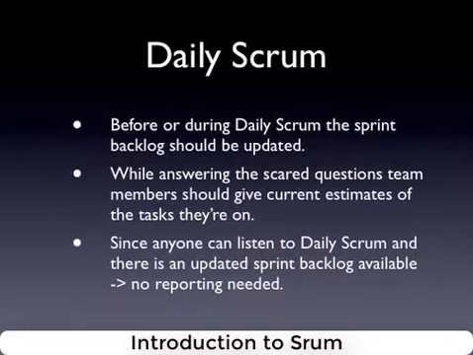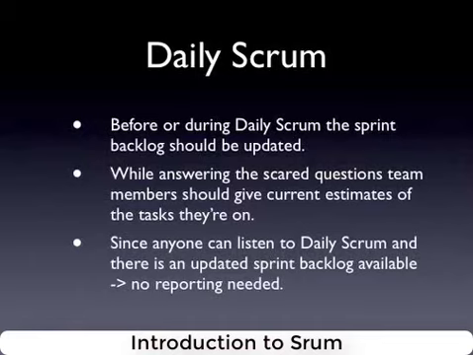Now, what is also important is that anyone can listen, which means no reporting is needed. And even if someone is not listening and there is some kind of IT tool for tracking the Scrum work, like our Banana Scrum tool, there is a thing which is called the burn down chart, and the burn down chart shows the amount of hours remaining on all tasks for every day, and it should decrease towards 0 on the last day of the sprint.